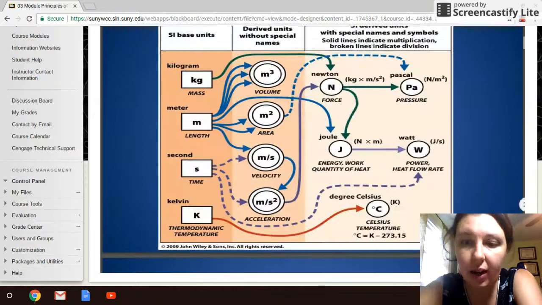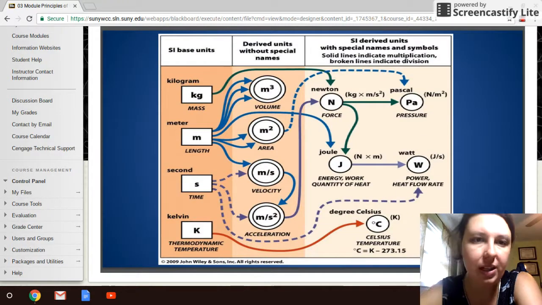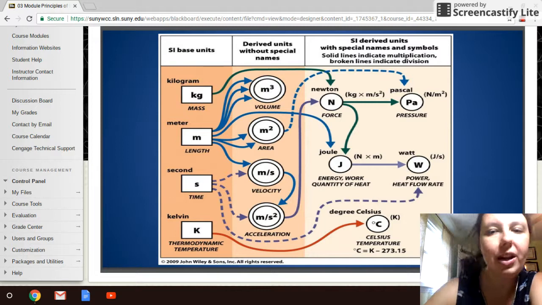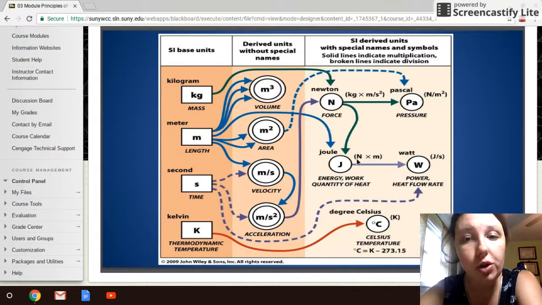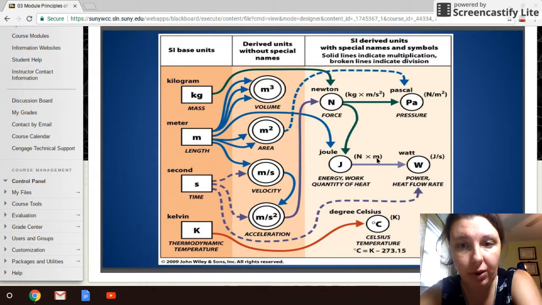This is another table that you have, and this one is a spaghetti graph table, which allows you to move back to determine what everything is. So for example, if I want to know what a joule is, a joule is a newton times a meter. Well, what is a newton? A newton is a kilogram times a meter per second squared.